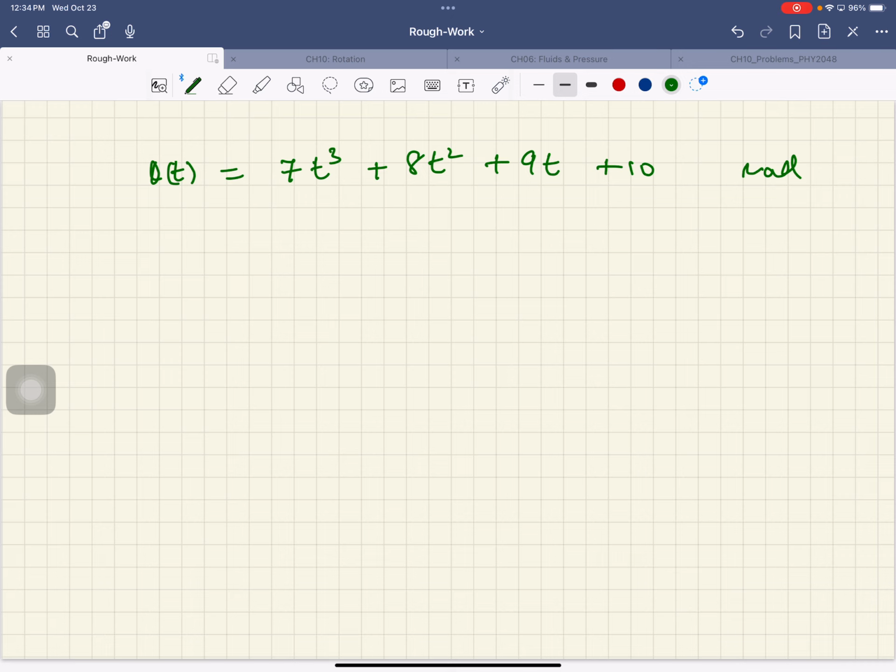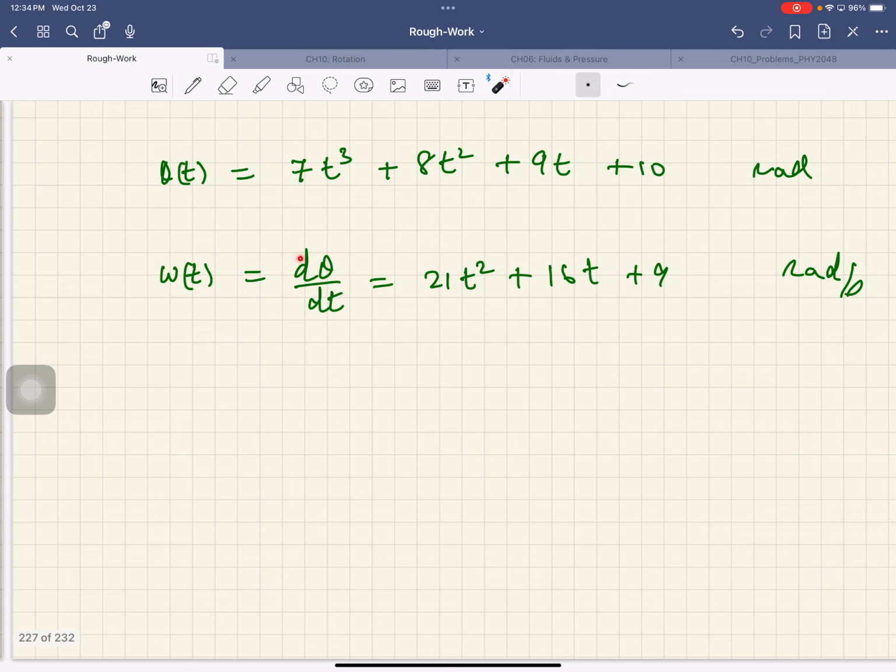So here's a motion that is described, and you saw that its angular velocity, denoted by omega, is the time derivative of that. So 21t squared plus 16t plus 9, and the units would be radians per second.